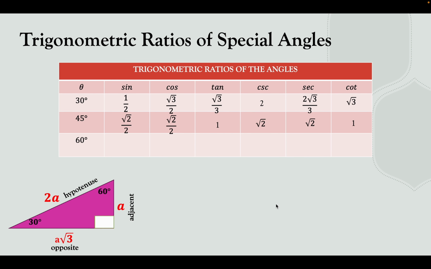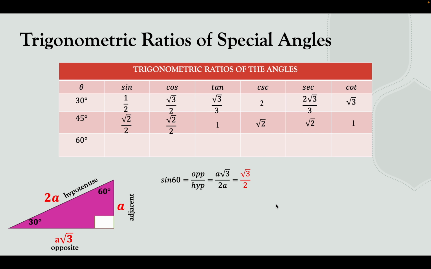We have 60 degrees. So same, we will use the 30, 60, 90 right triangle. Sine 60, we have opposite over hypotenuse. So we will refer now to the 60 degrees. So that means a square root of 3 is our opposite, our adjacent is a, and our hypotenuse is 2 times a.